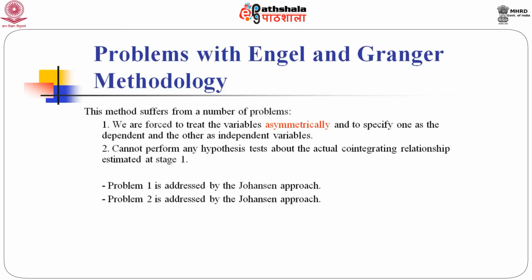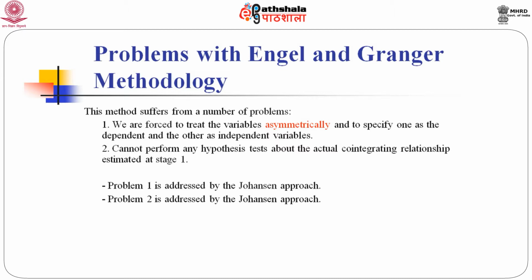Now, we have discussed the Engle-Granger methodology of two-step co-integration. Let me discuss a little bit about the problems with this methodology. This method suffers from a number of problems. First of all, we treat yt as a dependent variable and xt as an explanatory variable, perform the regression, obtain the residual, and then test whether the residual is I(0) or not.